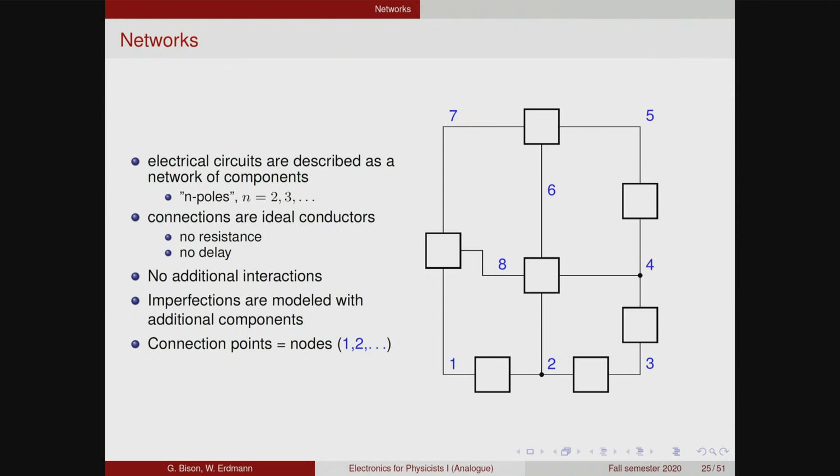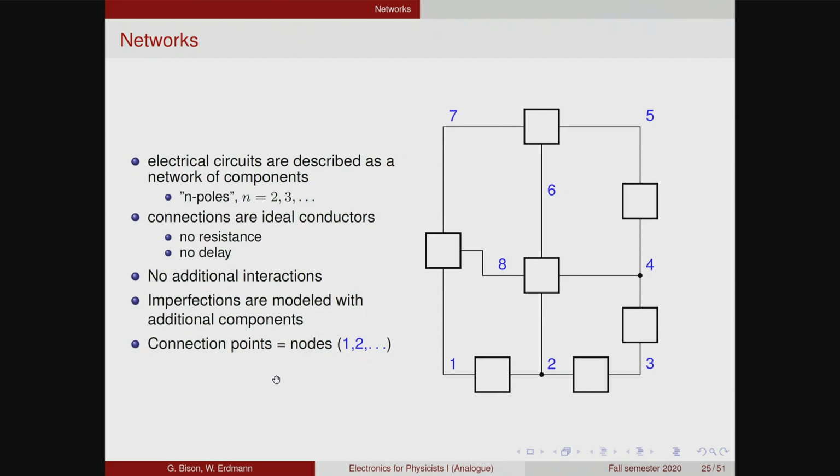This we cannot model in such a circuit if these two things are separate. If we want to model it, we have to add additional components that mediate this interaction. The same is true for other imperfections. If a connection has a resistance, then we have to put in a resistor. These lines that we draw, as I said, are ideal conductors.